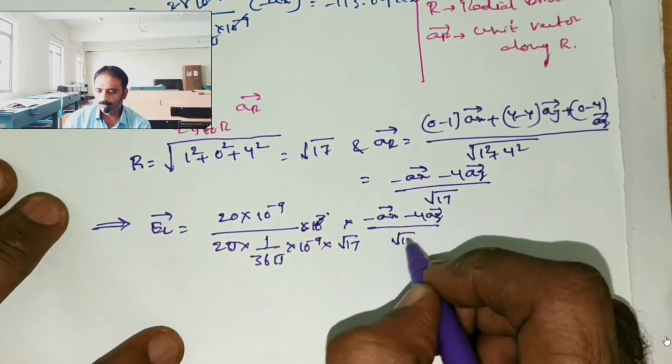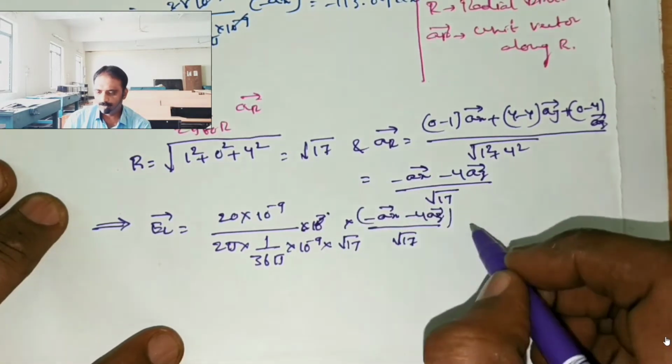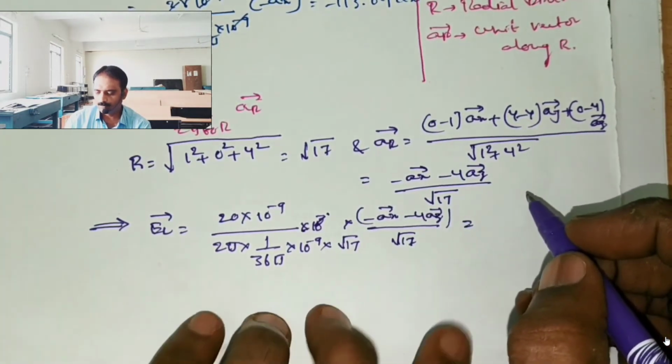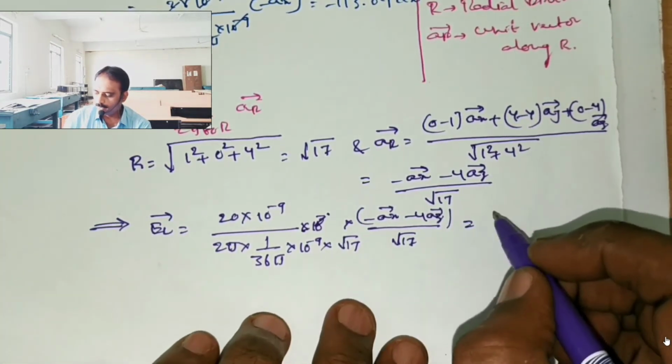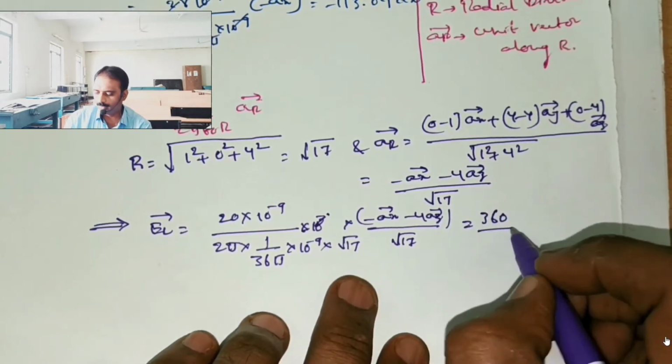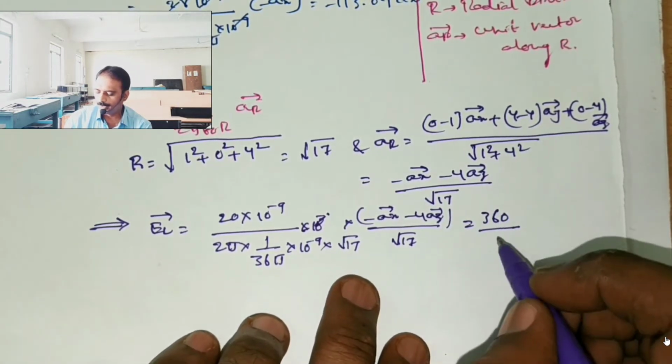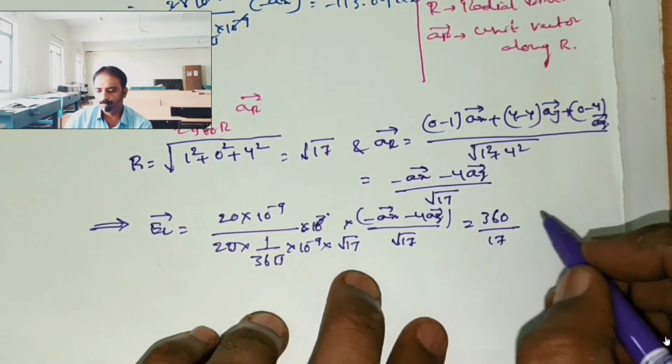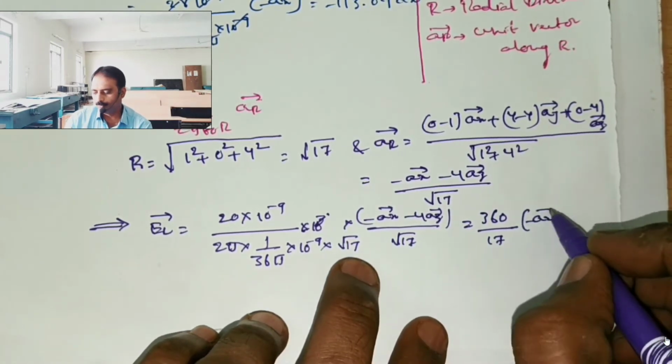So finally we get 360 divided by 17 into minus a_x bar minus 4 a_z bar volts per meter.